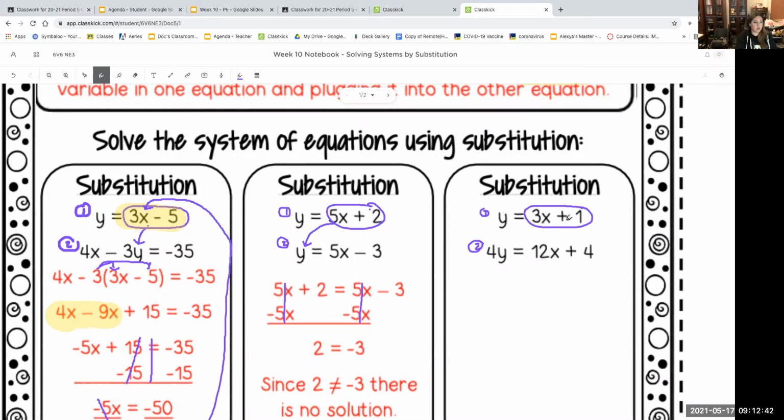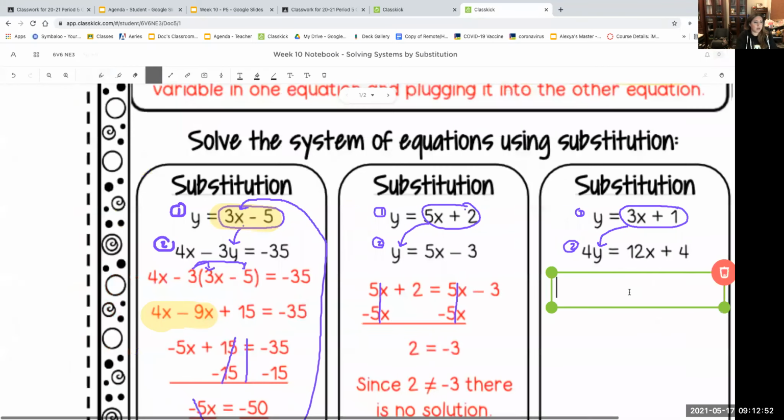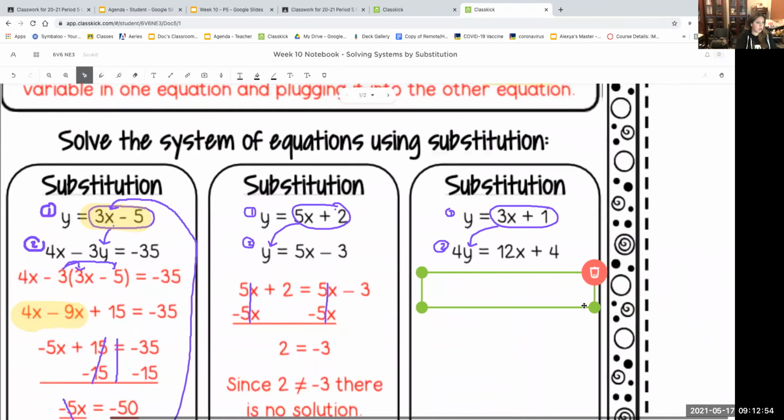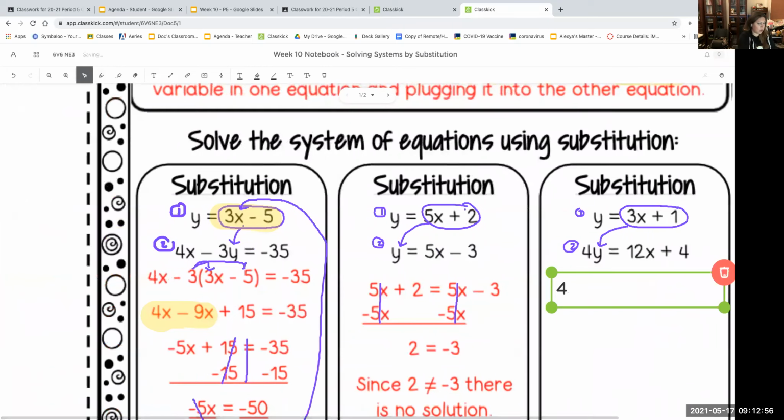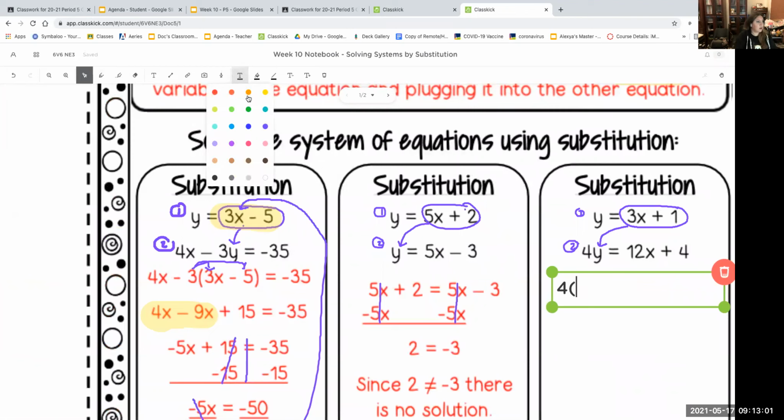So y equals 3x plus 1. We're going to take that 3x plus 1 and plug it into that y. So if we type it, and again, you don't have to type it, all of that stuff is already on the bottom. I have y in parentheses, and instead of that y, I'm going to plug in 3x plus 1.